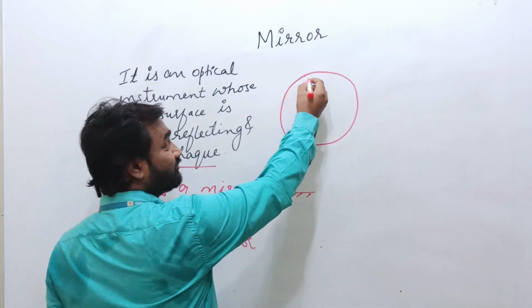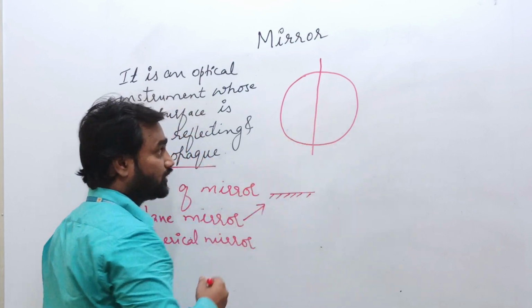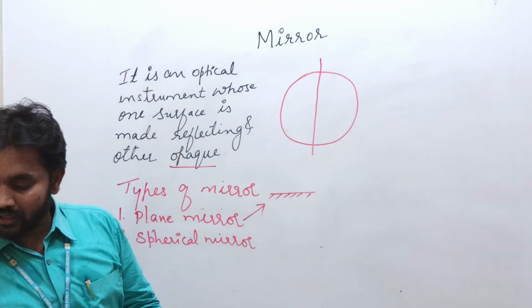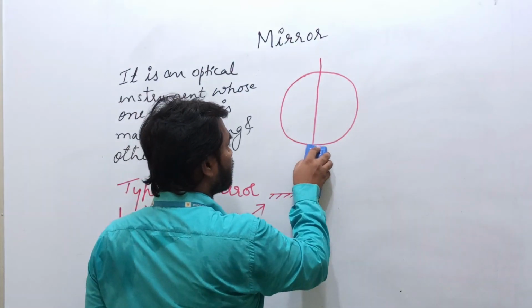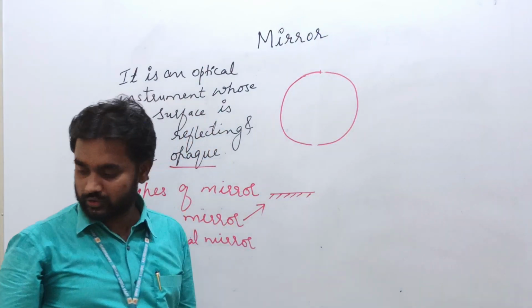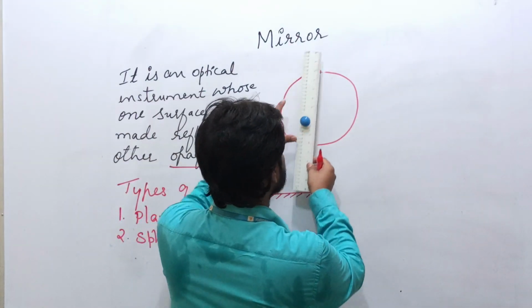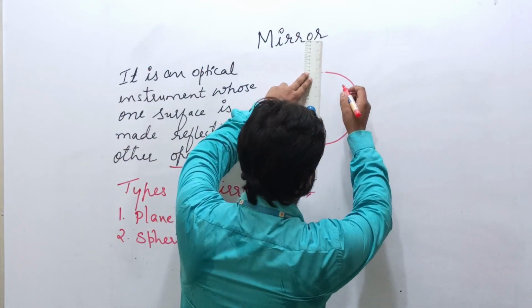When you divide this hollow sphere glass, it is divided into two parts.